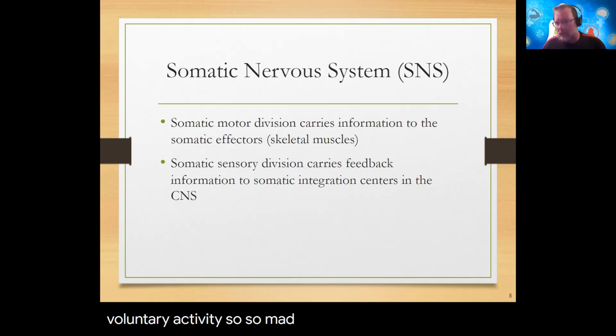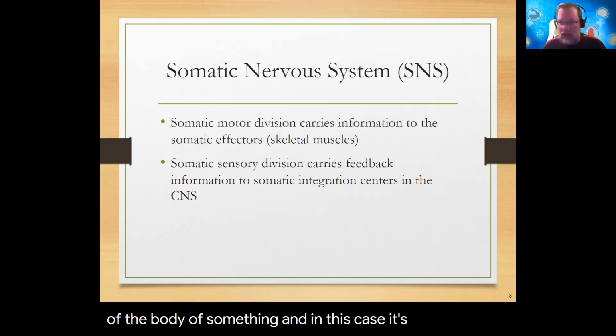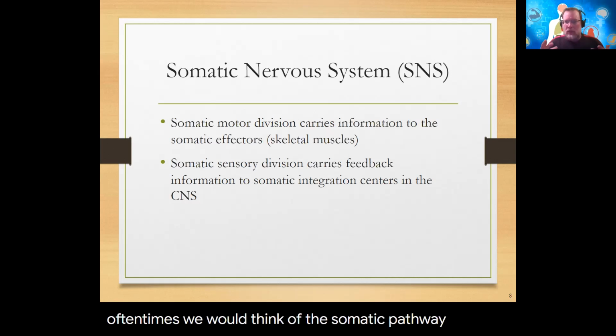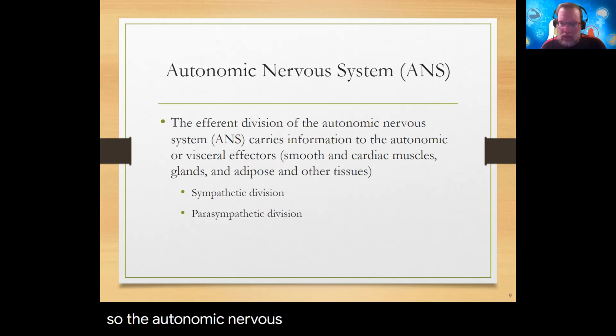So, somatic, remember, soma means body. So whenever we see soma or somatic, we're usually thinking of the body of something. And in this case, it's your body. And in this case, specifically, it's your skeletal muscles. So when we're talking about the somatic nervous system, this is going to be a motor pathway involving skeletal muscles typically. So oftentimes we would think of the somatic pathway being a little bit more voluntarily controlled. Okay. So the autonomic nervous system is just like it sounds, is automatic.